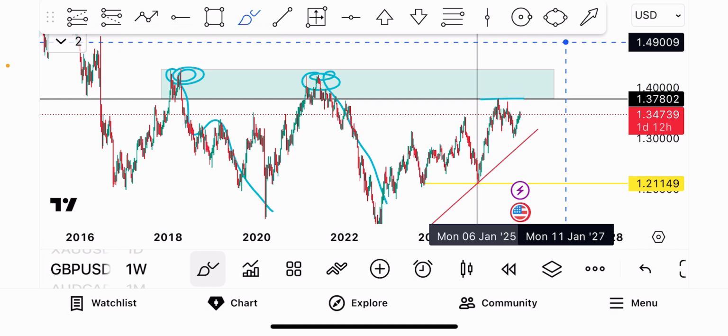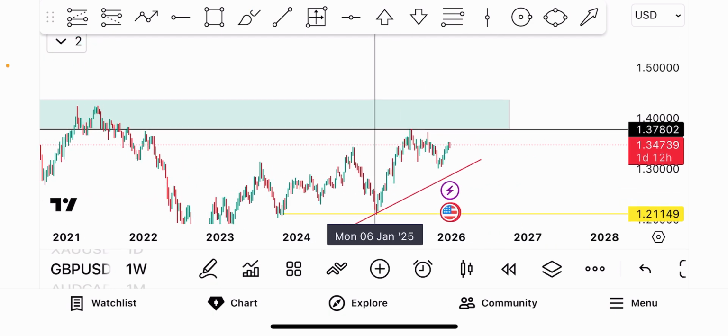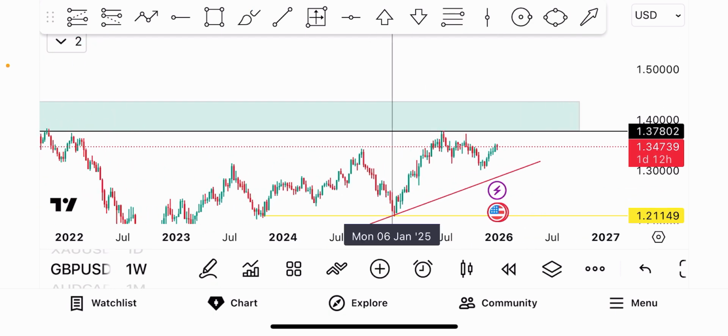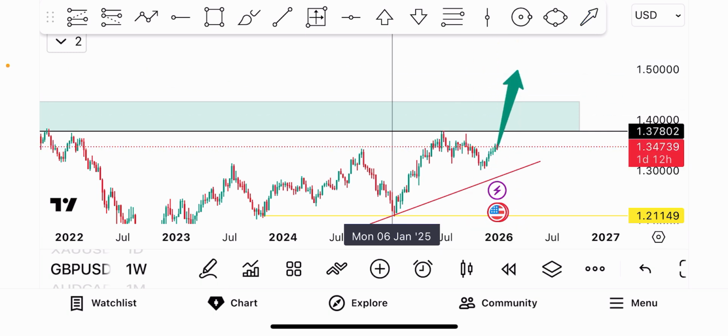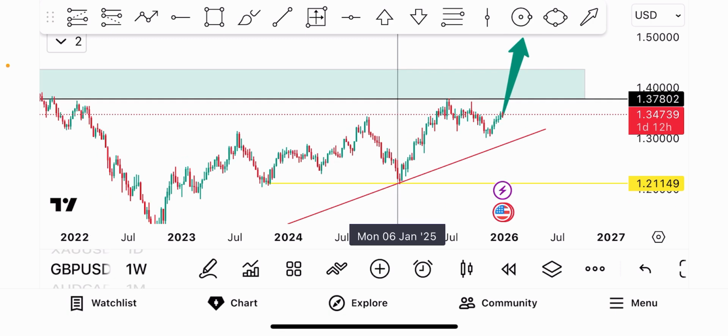So this year 2026, I actually anticipate price to break through that historic resistance level and push further, since the trend is bullish. So that is my directional bias for the year.